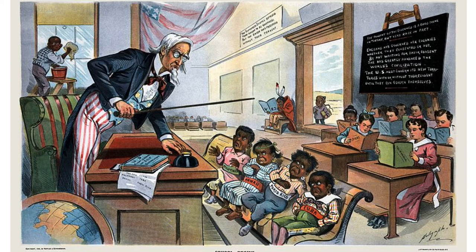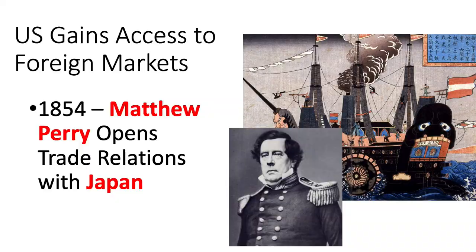So at first we're not necessarily taking on colonies, we just have to build trade relationships. And the first area that we go to as part of our foreign policy is Japan. Again, those of you who had global may remember we talked about Matthew Perry. And Matthew Perry takes a ship and lands in Japan.